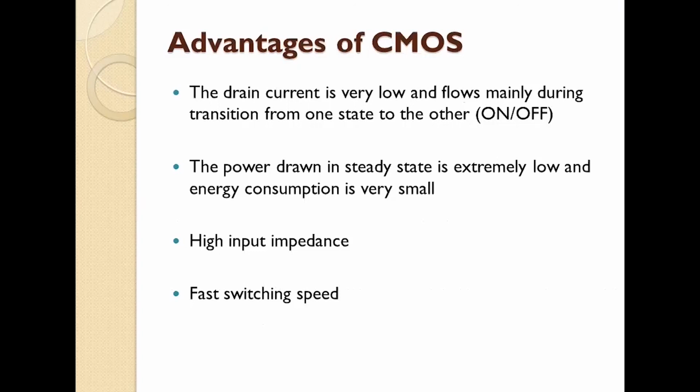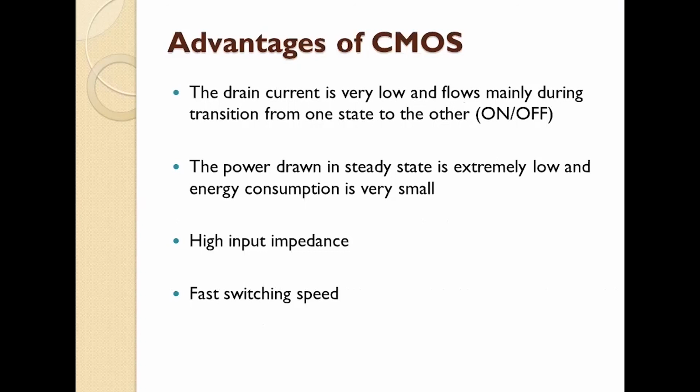Why is the energy consumption very small? Because the current drawn is very less. If the current drawn is very less, the input impedance is high. That is high input impedance and fast switching speed.